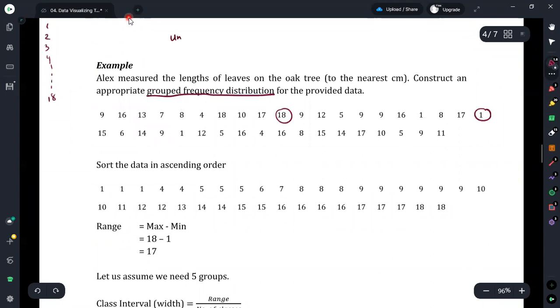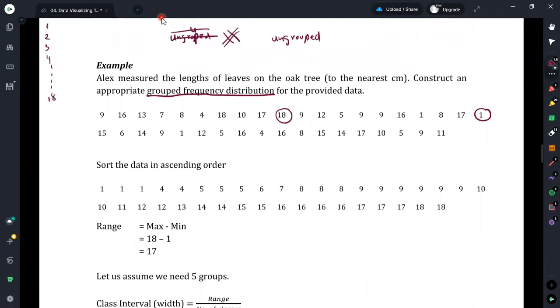Definitely, you can see that an ungrouped distribution is not appropriate for a set of values like this. It is actually ungrouped.